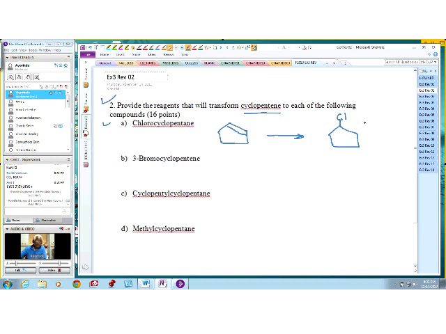What reagent do we need? Anybody? Okay, HCl, excellent, hydrogen chloride. HCl will add hydrogen and chlorine across the carbon-carbon double bond to form an organohalide, in this case an alkyl halide, alkyl chloride.